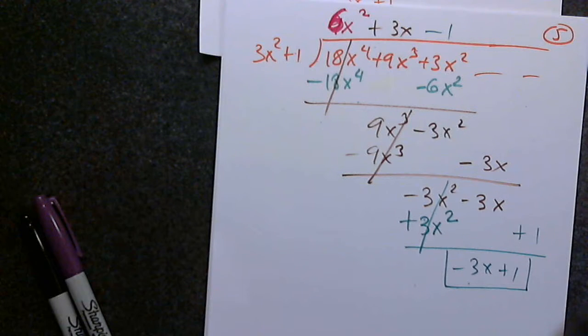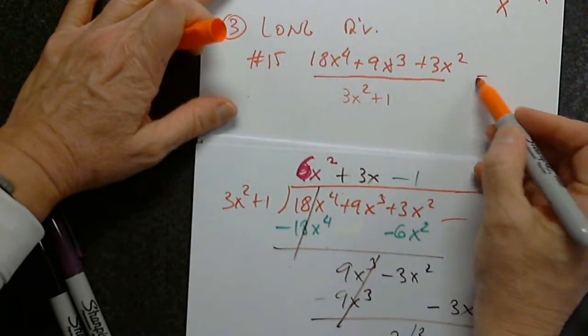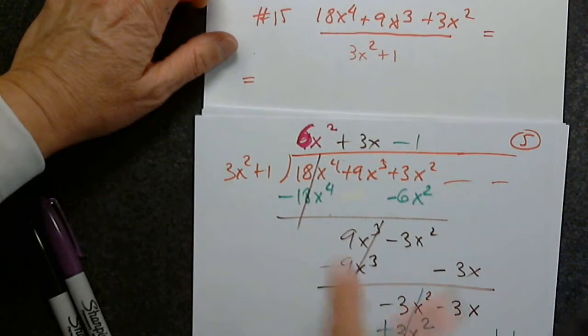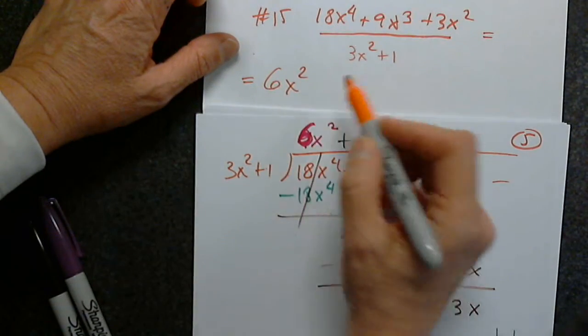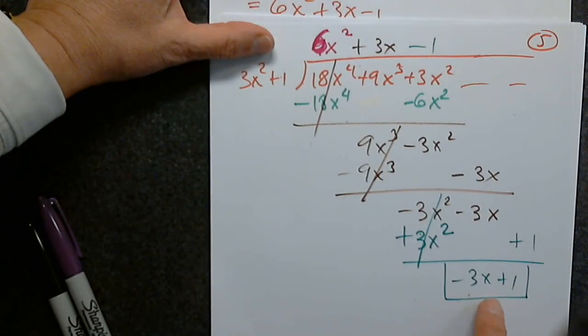I cannot continue because now the degree is smaller than the degree of the divisor. But the question is, how do I write the final answer? Can anyone give us the quotient? Right, the entire. Exactly. 6x squared plus 3x minus 1. Now, this starts with a negative.